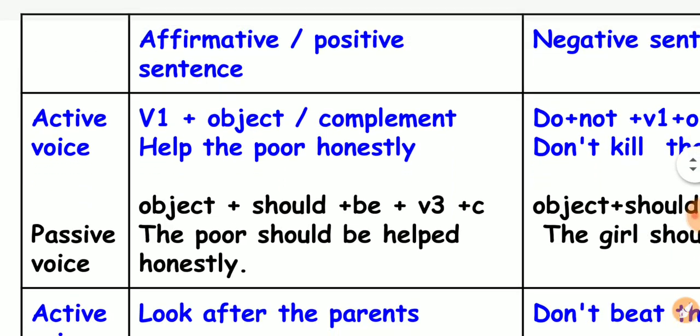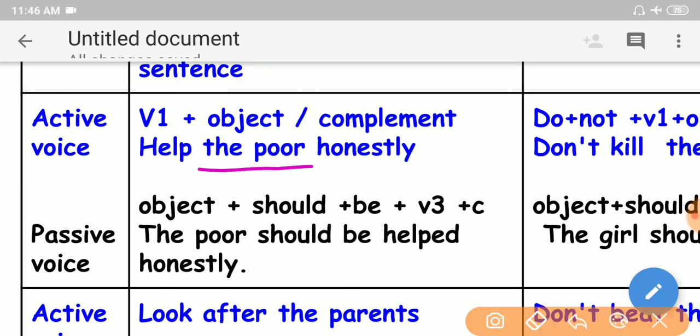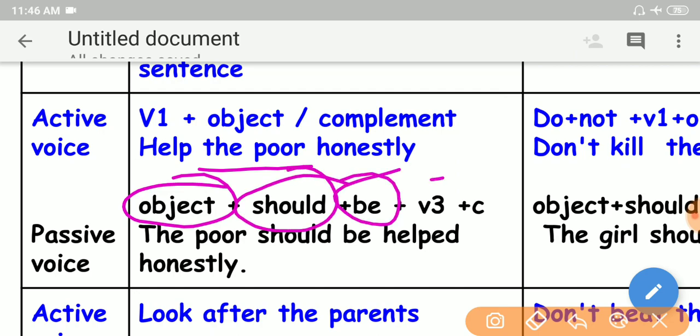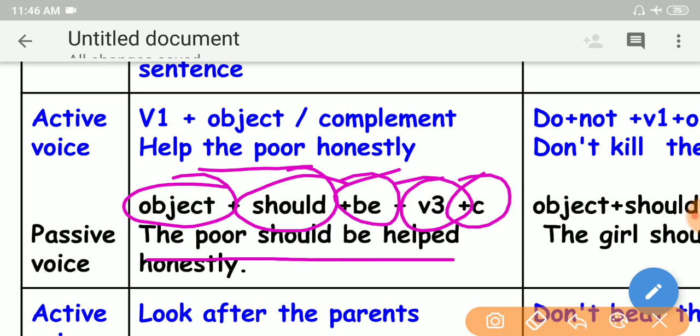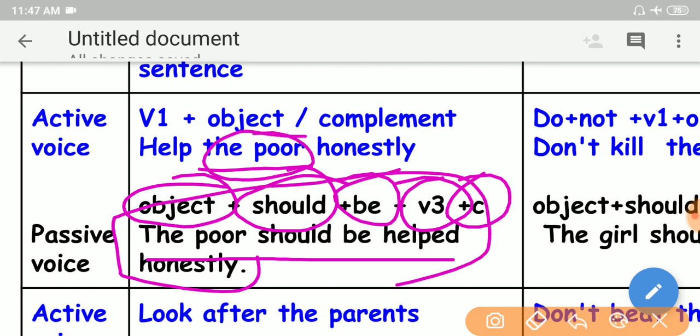See, the passive pattern for such examples is: first the object should be brought to the subject position, then should, be, the V3 form, and then the complement. Help the poor honestly becomes "The poor should be helped honestly." Why? Because the poor refers to human beings.